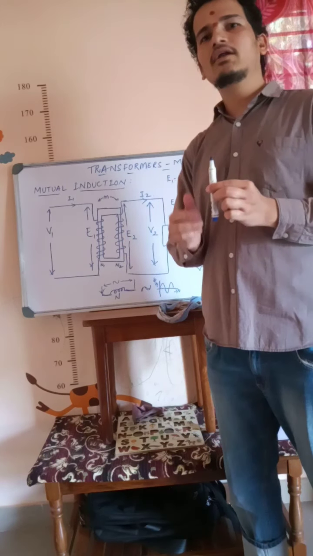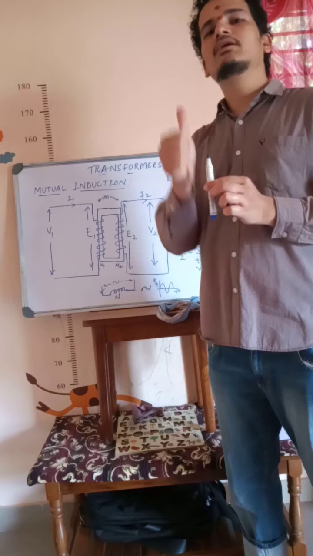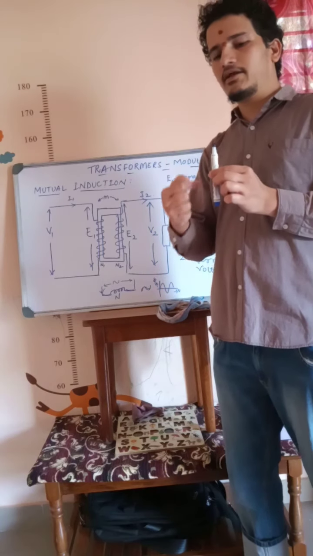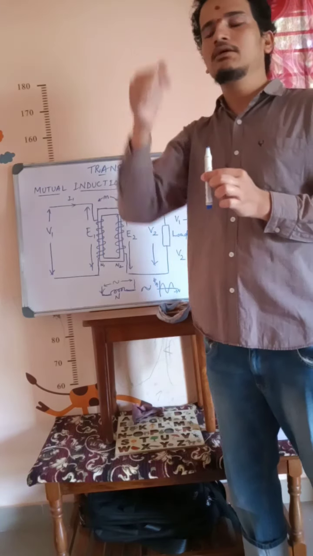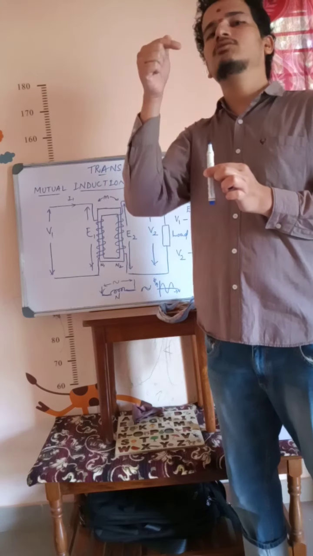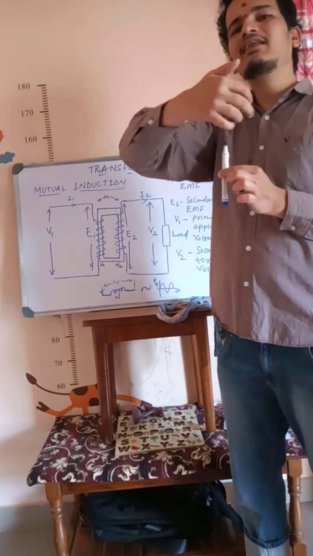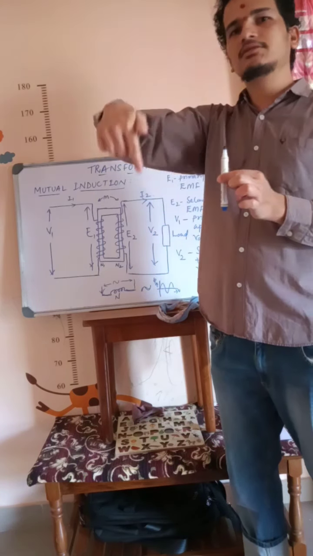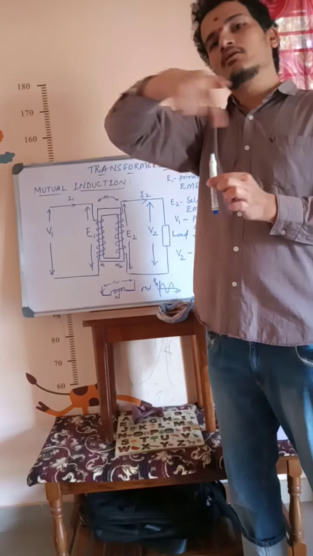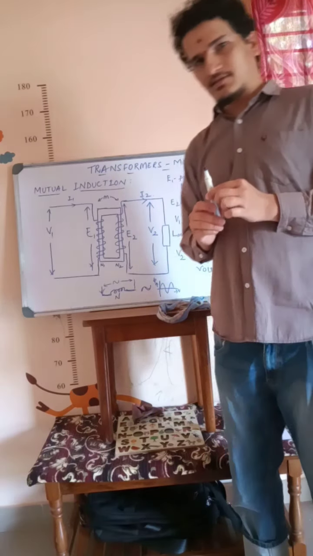This is according to Fleming's thumb rule: whenever a current is passed through a conductor, if the thumb represents the direction of the current, then the remaining fingers represent the direction of the flux.